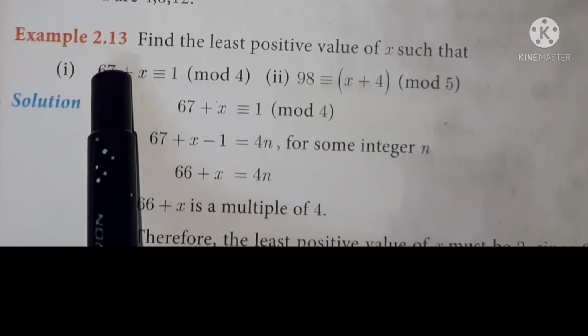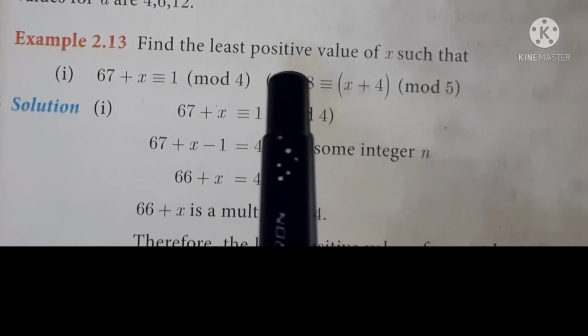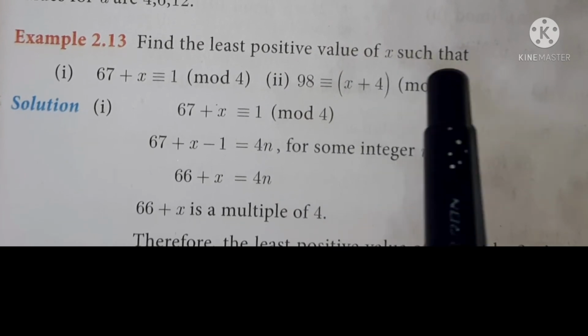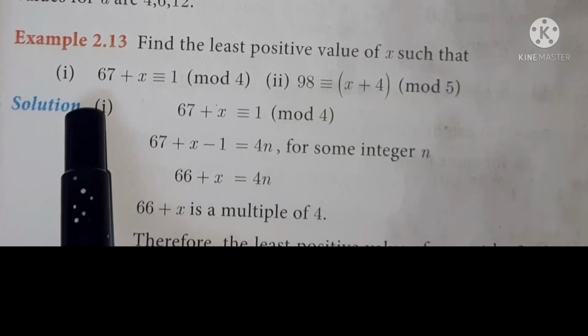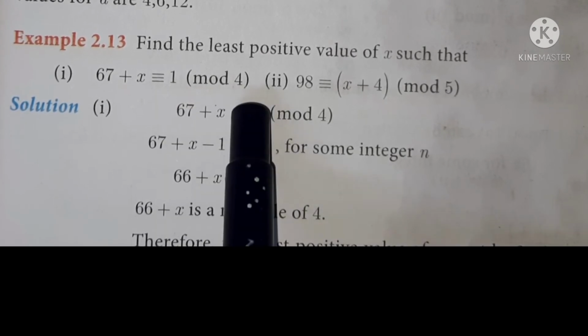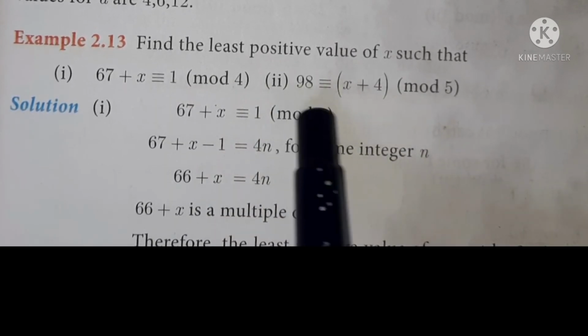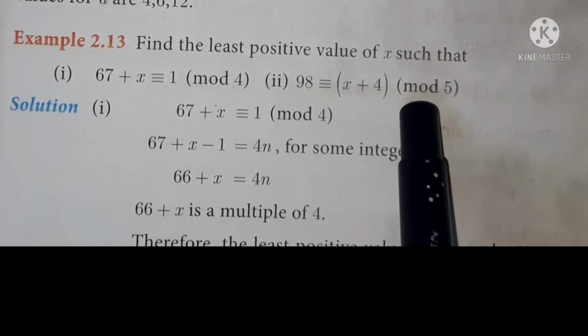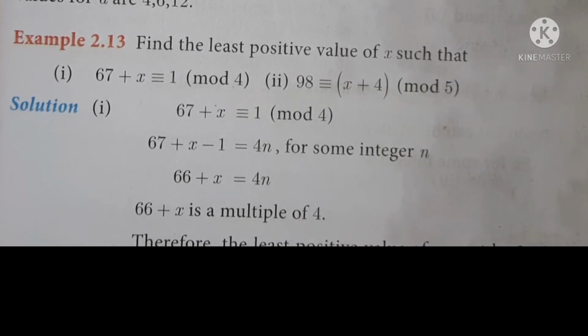Example number 2.13. Find the least positive value of x such that 67 plus x congruent 1 mod 4. Second one, 98 congruent x plus 4 mod 5.